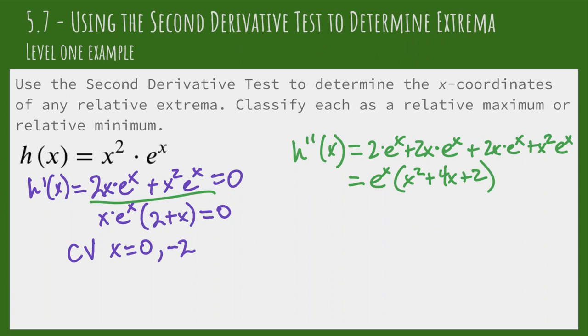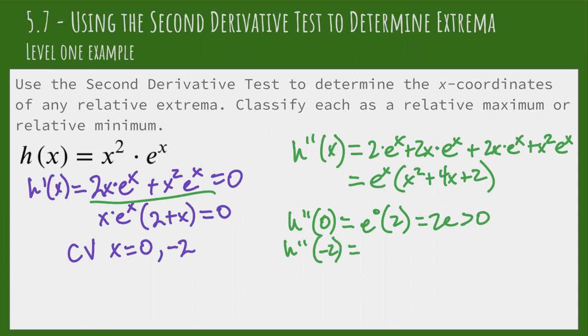So we want to know what is the second derivative evaluated at each of these points. So we're going to have e to the 0 times 2. Remember, e is positive, so this is 2e. E is positive, so this is positive. And the second derivative evaluated at negative 2. So we have e to the negative 2 times negative 2 squared is 4, minus 8 is negative 4, plus 2 is negative 2.